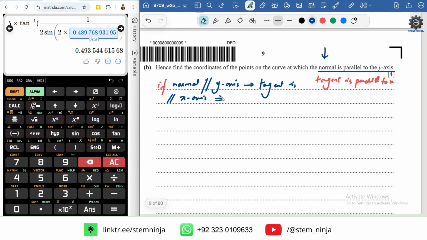That basically means dy by dx is 0. So we need to find dy by dx being equal to 0.